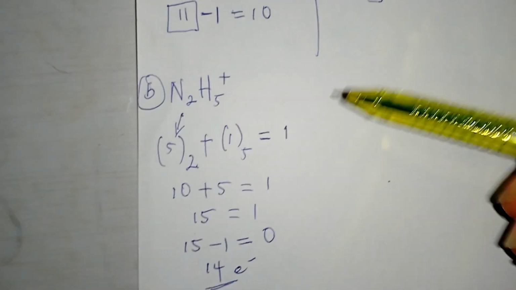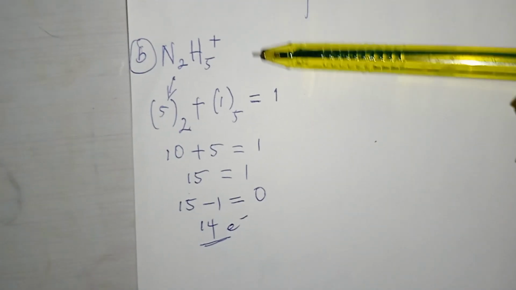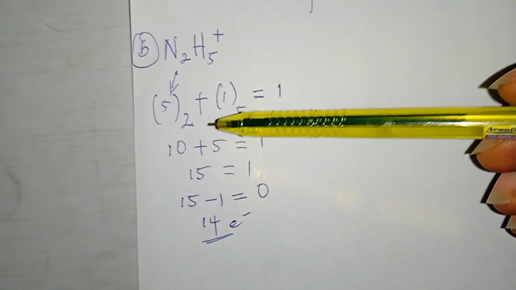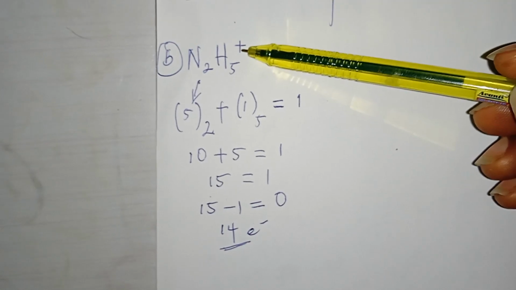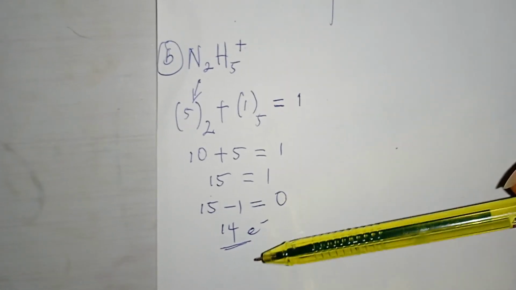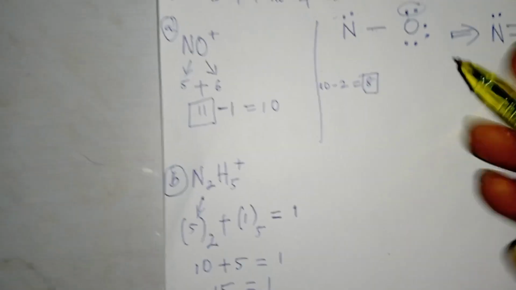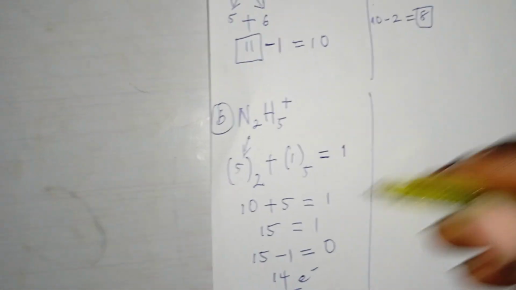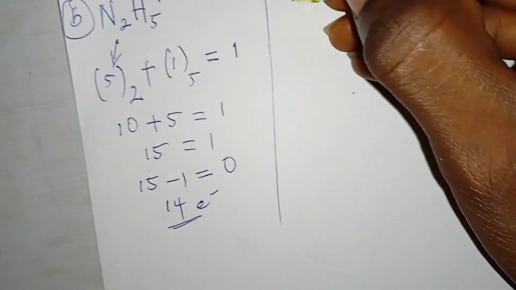If you don't understand it this way, you can remember that since this is plus, it means that it lost an electron, so you must minus 1. When it's negative, you know that an electron was added. Since we've gotten the number of electrons in this compound, the next step is to present the skeletal structure.